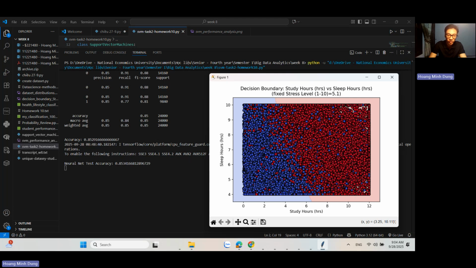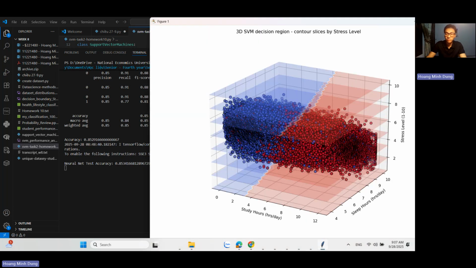To figure out more, this visualization is better in 3D decision regions. To get a more complete picture, this slide shows a 3D visualization of the supervised machine's decision region. This plot includes study hours, sleep hours, and stress level. The contour shows how the decision surface separates the two classes, blue and red dots.